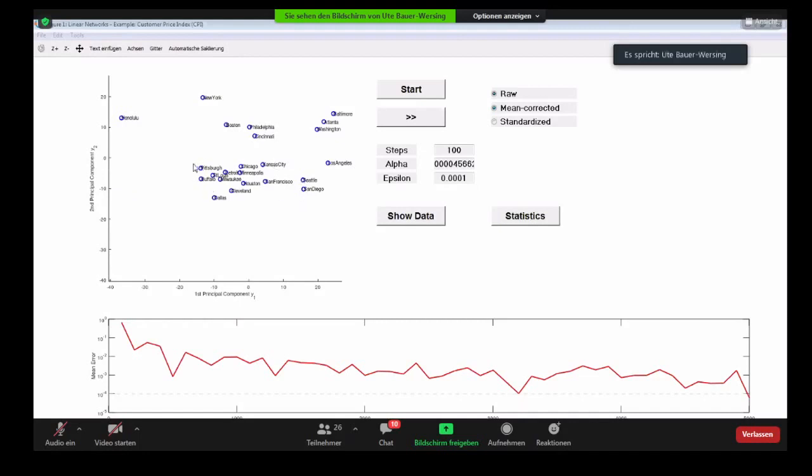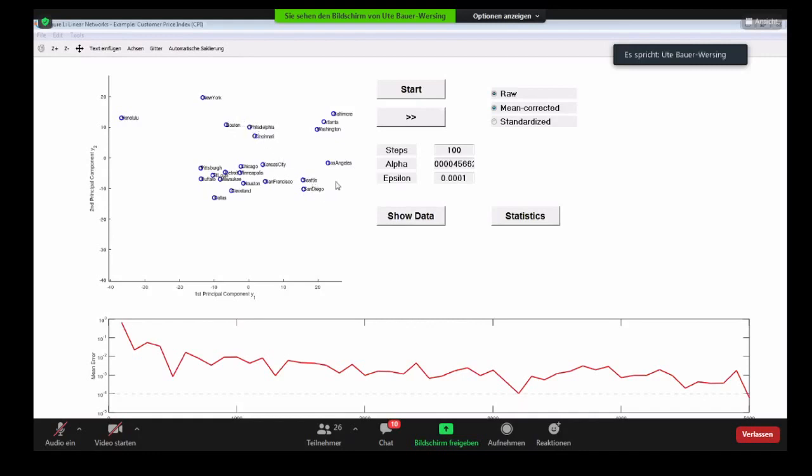What we do see is a clustering. We see two cities, which is Honolulu and New York. They seem to have a very special price level because they are off. We see a cluster of cities like Boston, Philadelphia, and Cincinnati. They seem to have the same price level.